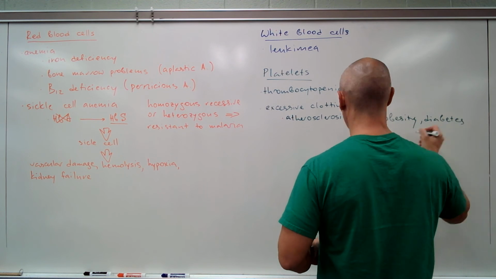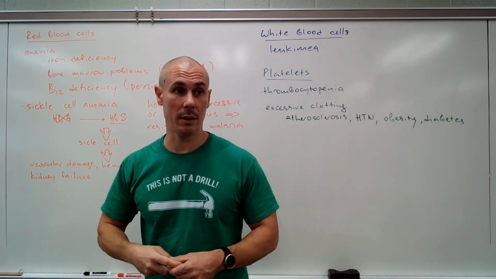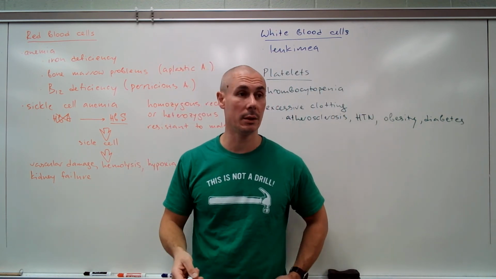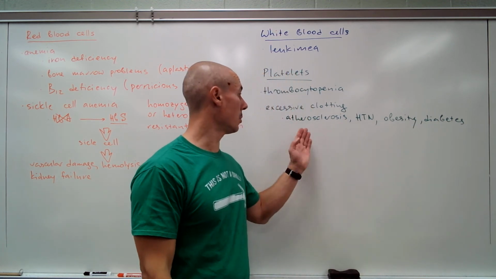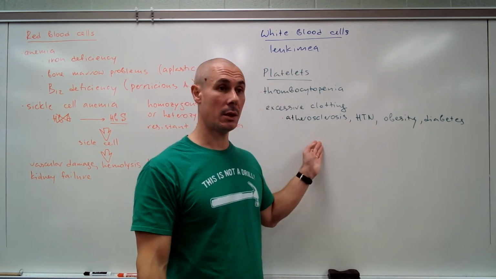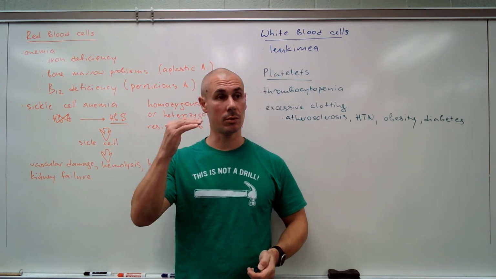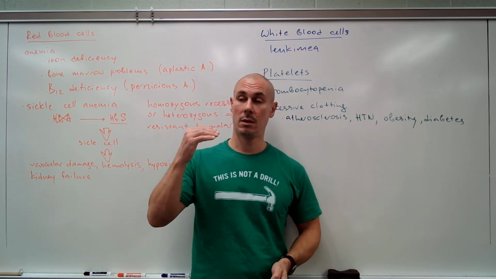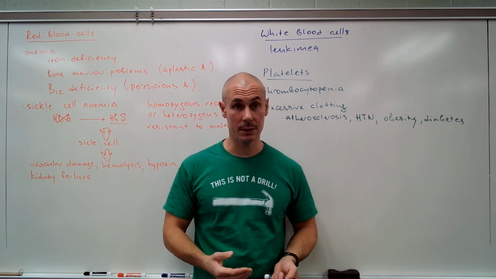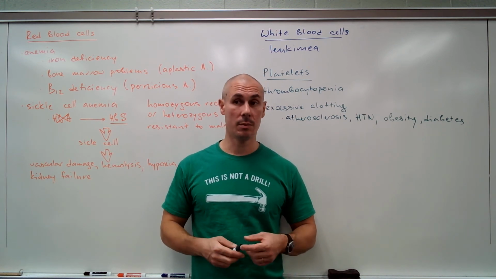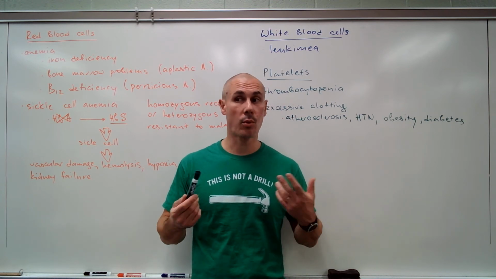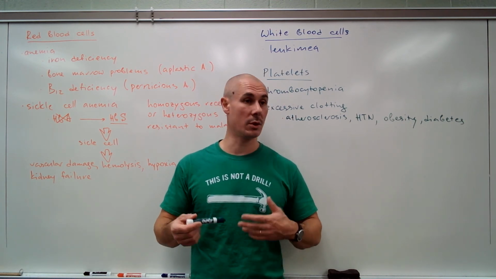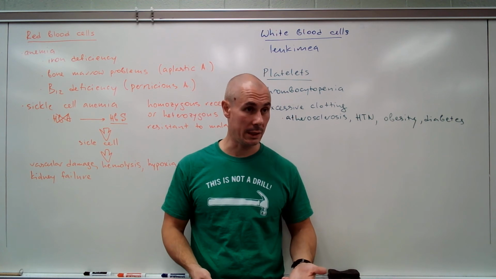Now, if you think about it, it makes sense. Remember, we're talking about platelets playing a role not only in thrombosis but also in inflammation. So all these conditions are characterized by chronic low-grade inflammation. And this inflammation activates platelets, and they tend to form clots in inappropriate locations. Like, there's no damage, but they will clot.